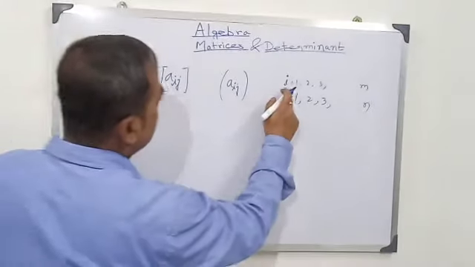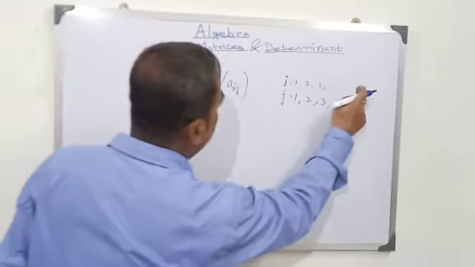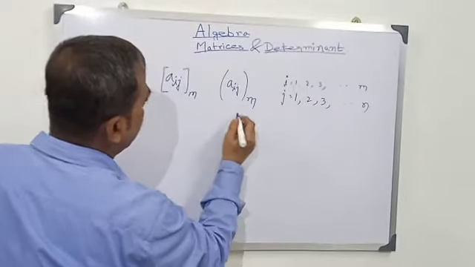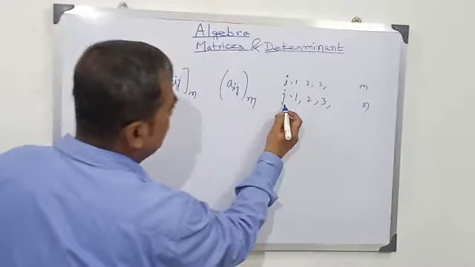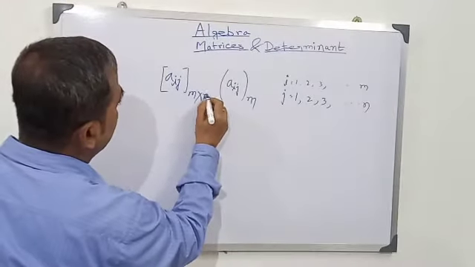That means i will be up to m, so it is having m rows. And j is equal to 1, 2, 3, 4, dot dot dot up to n, meaning n columns.